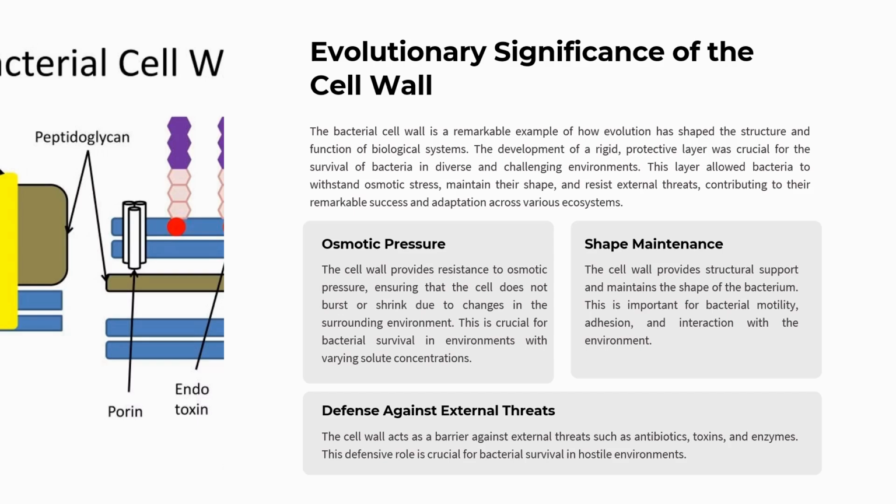The bacterial cell wall is a remarkable evolutionary innovation that has enabled bacteria to thrive in a wide range of environments. One of its most critical functions is managing osmotic pressure, which is essential for bacterial survival and structural integrity.